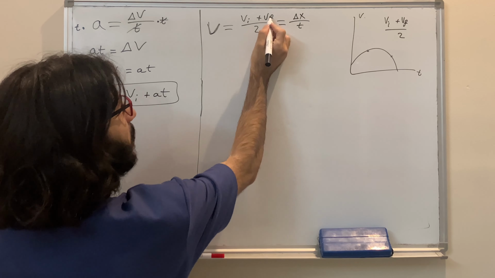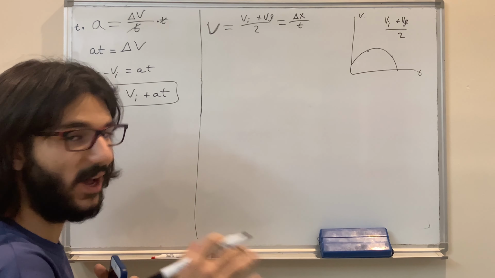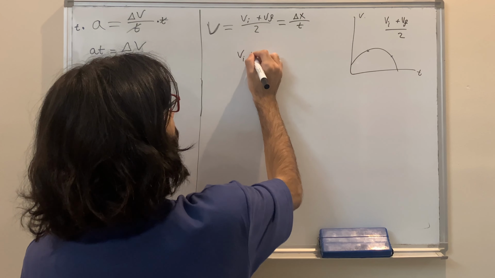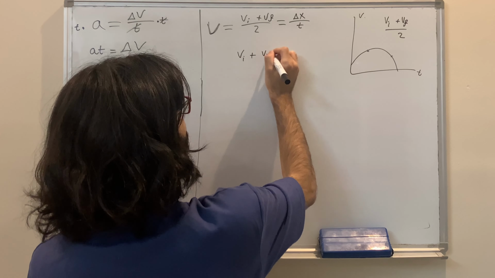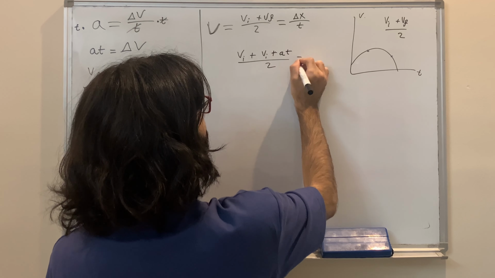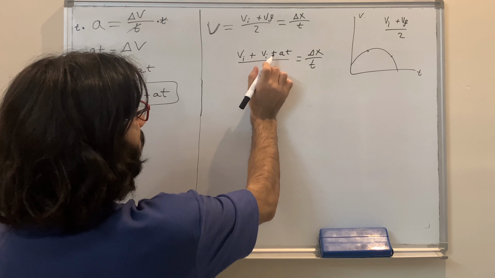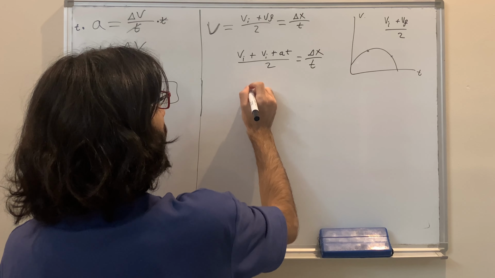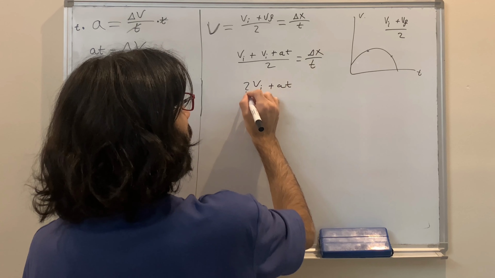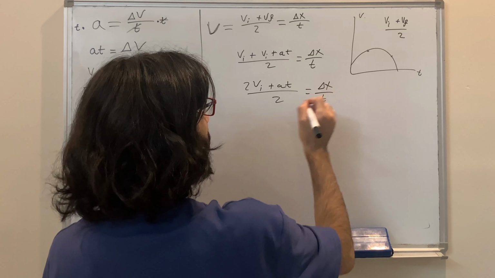Now we replace the v final with this, which is what we just found. And once we do that, we're gonna get v initial plus v initial plus at over 2 equals delta x over t. The v initial and the v initial add up, and you're gonna get 2vi plus at over 2 equals delta x divided by time.